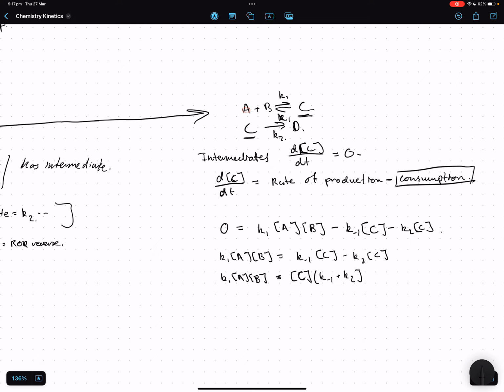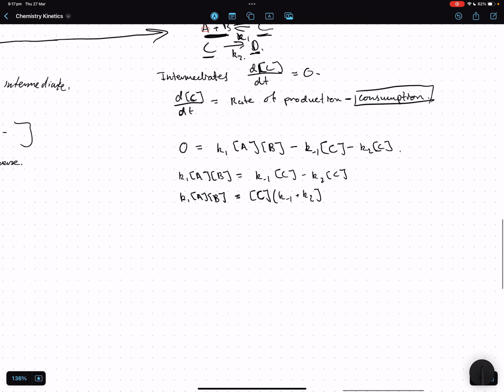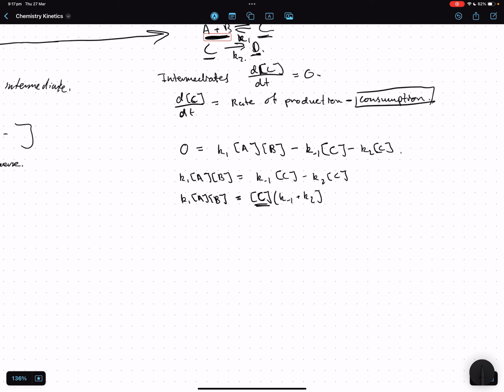Now this is very important because we need to sub out intermediates. We need concentrations of intermediates, so this is the way we find them. We use them in terms of definite terms. Like in this reaction, these two are not intermediates. So we have the concentration of C out here. The concentration of C is equal to k1[A][B] over k-1 plus k2.